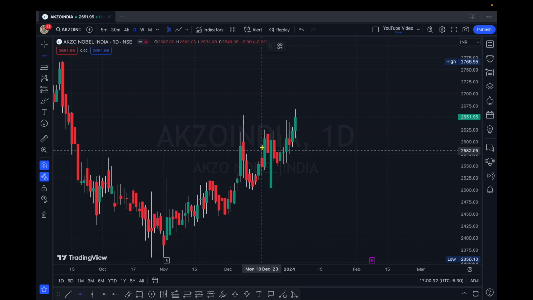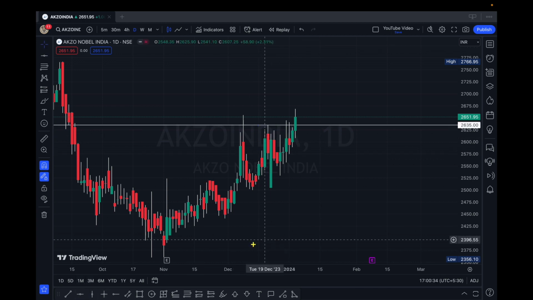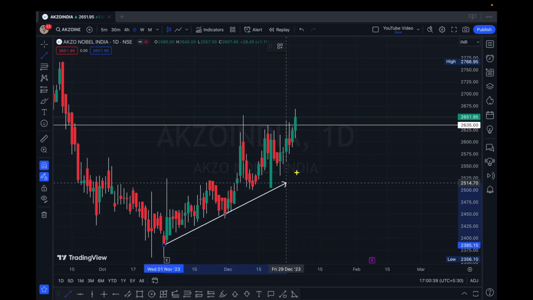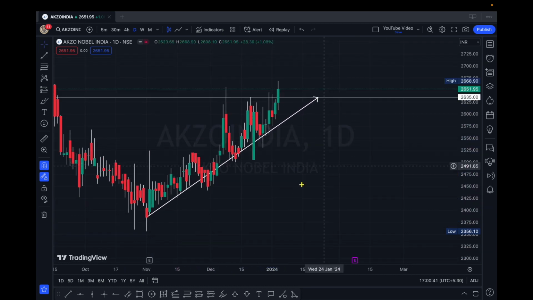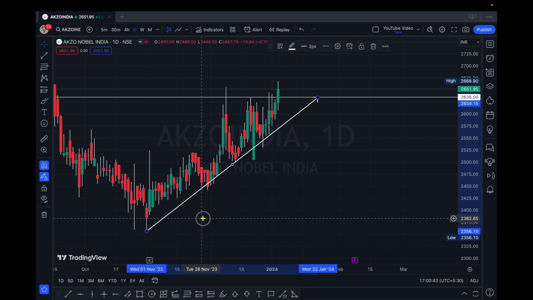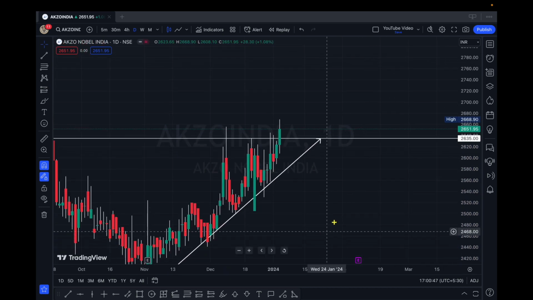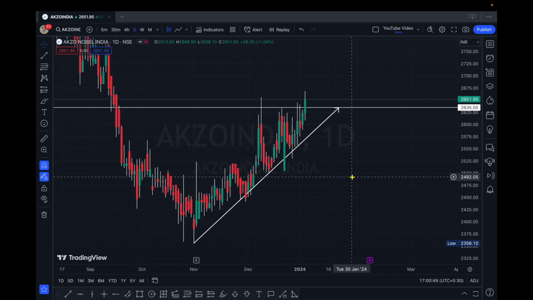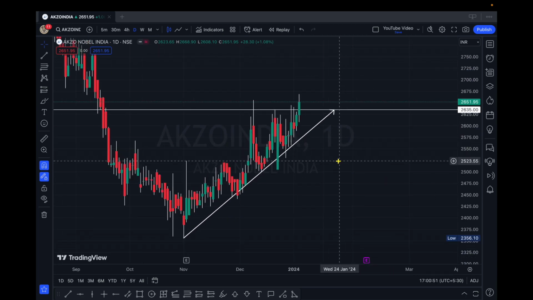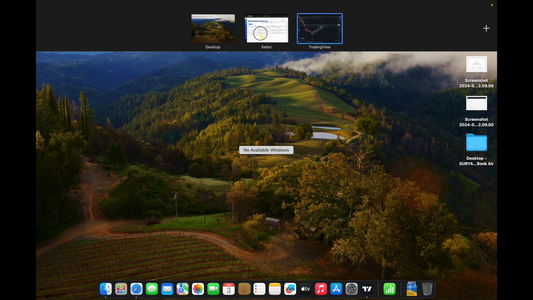We can draw it. And this is how the ascending triangle looks, and it is a breakout. Actually it is not updating yet, but it will update itself because today is the breakout of the ascending triangle.